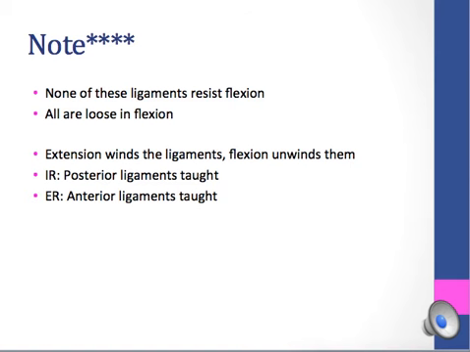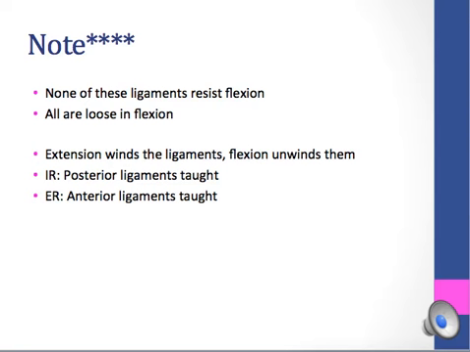It's interesting to note that our ligaments don't resist flexion. They're all loose in flexion, and extension really does have a lot of stability, which makes sense. If we're standing in neutral or slight hyperextension of the hip, we need that strong check to make sure that we're not dislocating anteriorly.